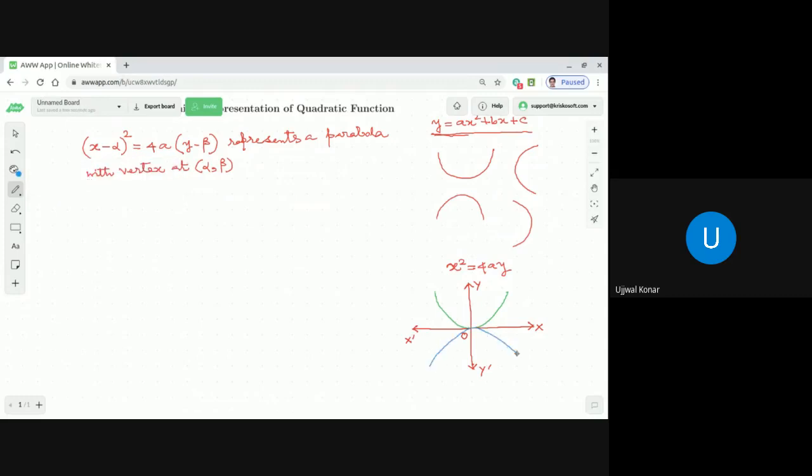And you know, dear students, who decides what it will be? It is decided by the a. If a is greater than 0, then this is the equation x square equal to 4ay. And if a is less than 0, dear students, then what you get is this, x square equal to 4ay.